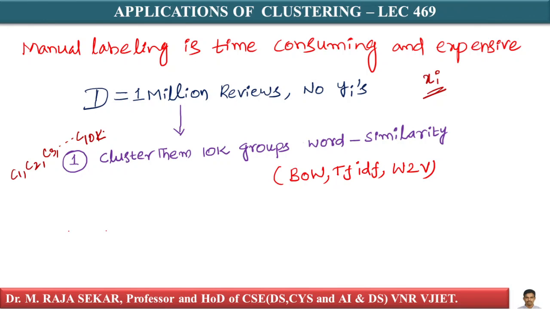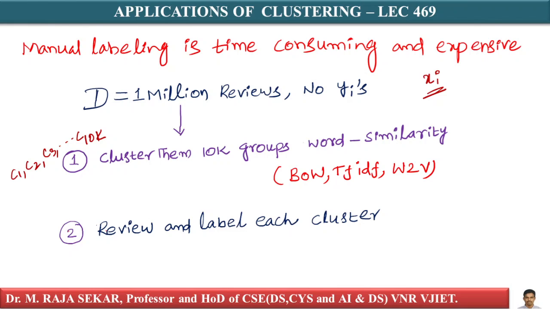Now I will review and label each cluster. Let's assume I have cluster Ci. Within cluster Ci, I could have hundreds of points. So I will pick 1 point in this cluster, and I will see whether it is positive or negative. Let's assume I determine that this 1 point that I picked is positive.